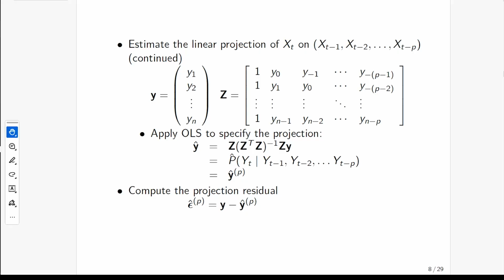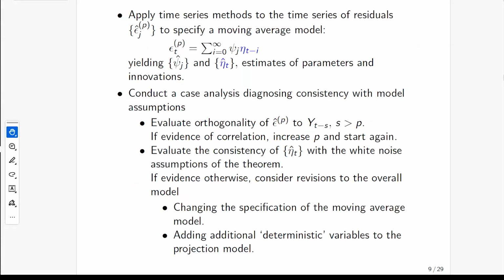And then we have this projected residual. What we would want is that this projected residual, if it's a stationary time series, we could use time series methods we'll learn about to specify a moving average model to these series and get estimates of the size and also estimates of the white noise terms.